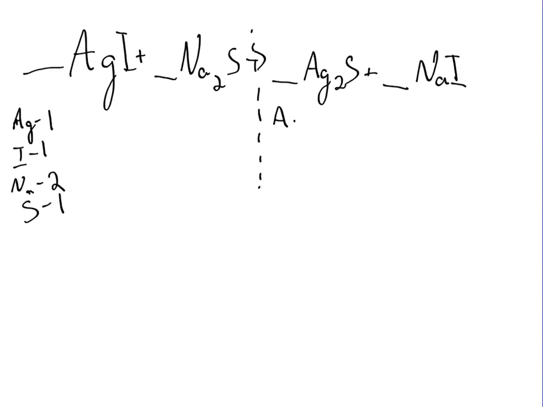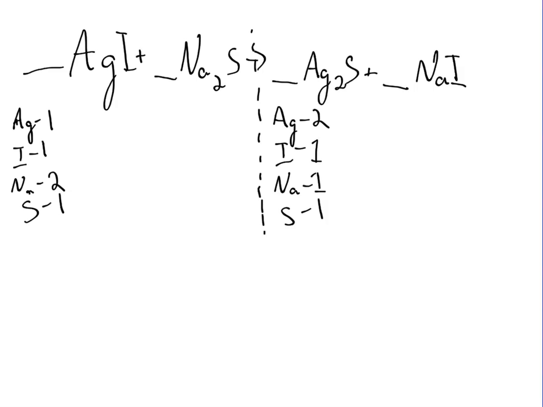On this side, silver is 2, iodine is 1, sodium is 1, and sulfur is 1. Now notice that I put them in the same order on both sides: silver, iodine, sodium, sulfur. And that's going to make it easier to compare back and forth as we go.